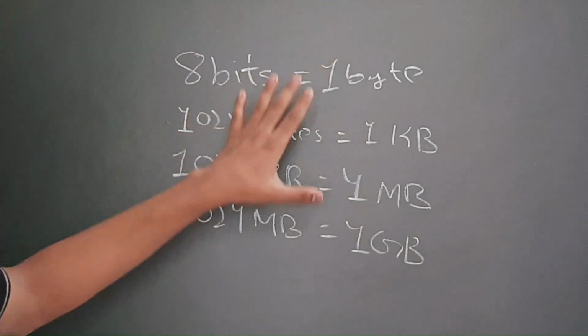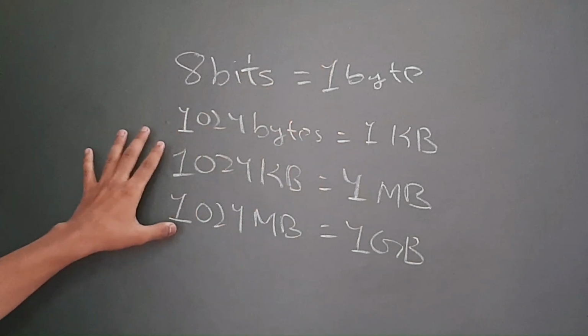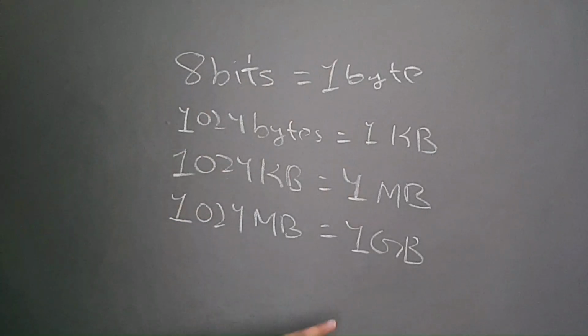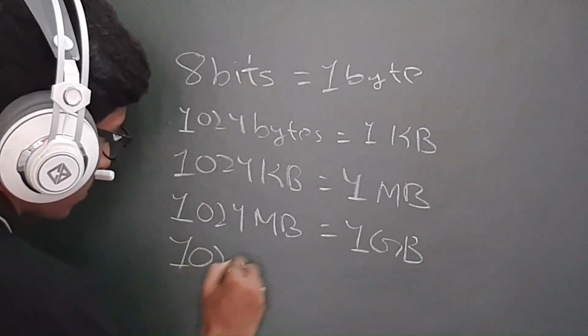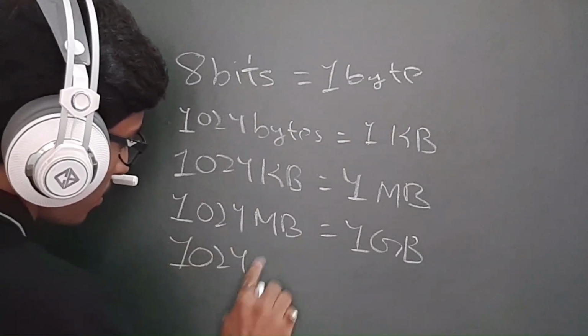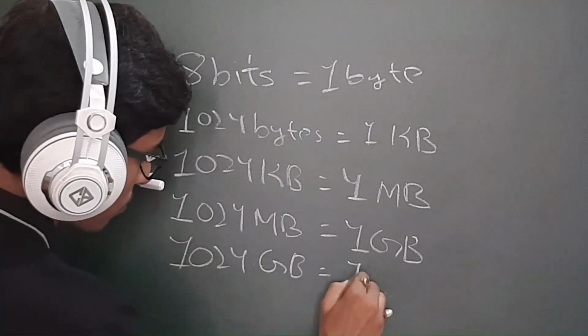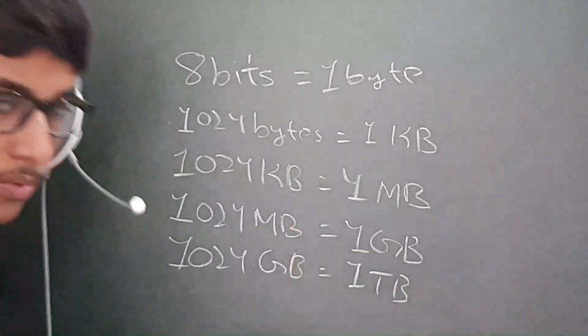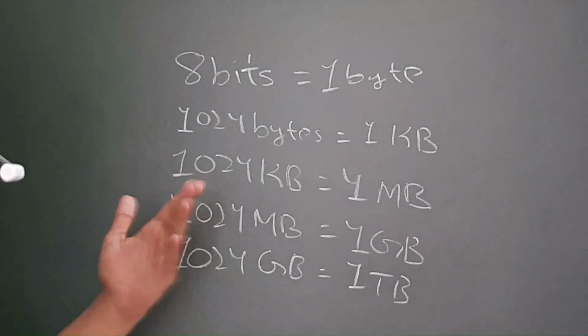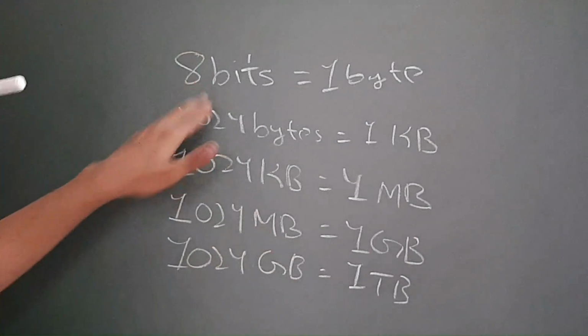These are the basic transitions of data from bits to GB. There are more such bigger units: 1024 GB is equal to 1 TB, and there's more, yottabyte, zettabyte, exabyte.